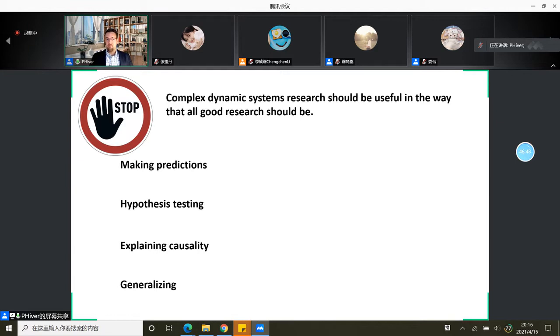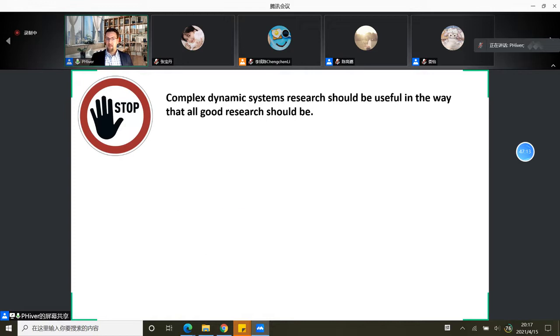But some critics, for example, tend to say complexity research is unable to make any predictions. It's not compatible with hypothesis testing. It can't explain underlying causes, and it's unable to say anything generalizable. Once again, in my experience, these criticisms are born out of a lack of understanding.